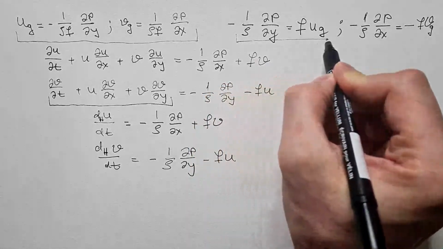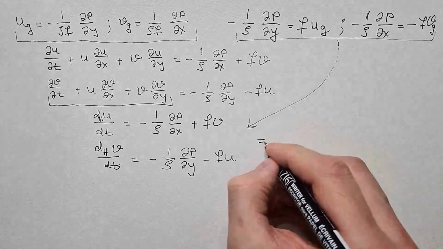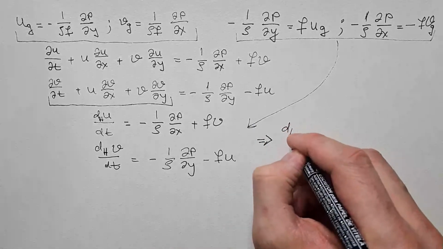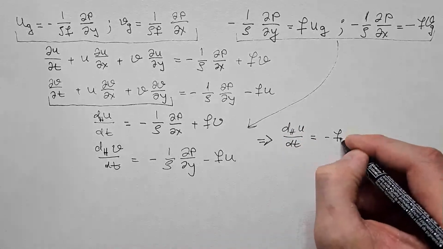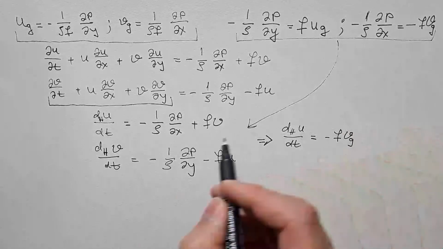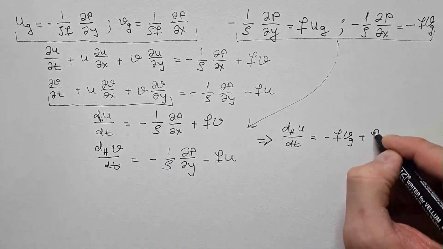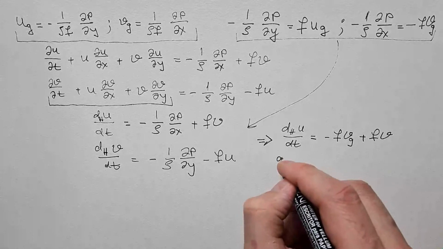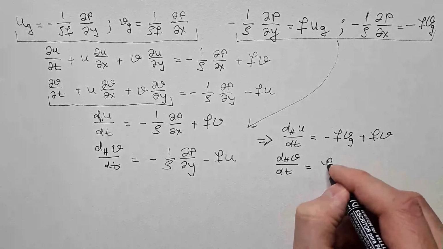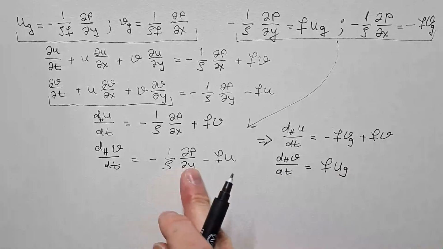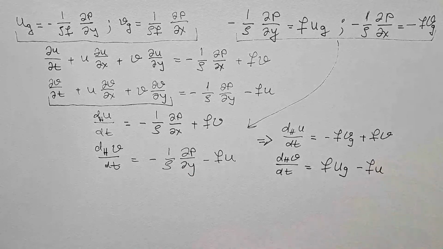Now I will substitute these over here, and I will get that d_h u over dt is equal to negative f v_g, that's instead of the pressure gradient force, plus f v. And similarly, d_h v over dt is equal to f u_g, that's instead of this pressure gradient force component, minus f u.